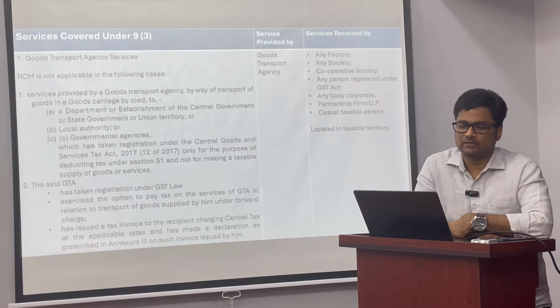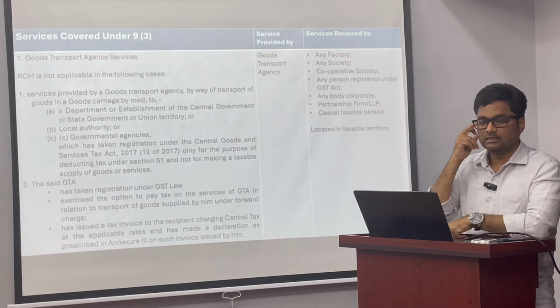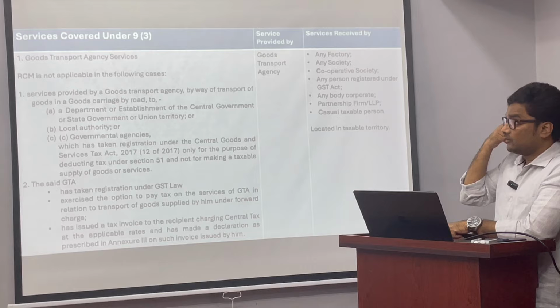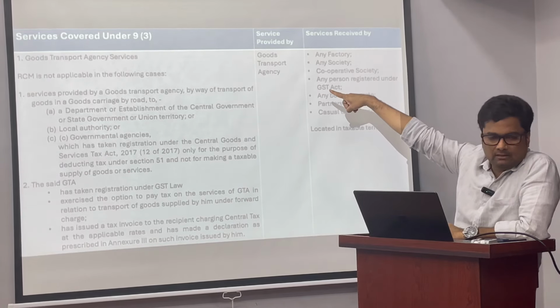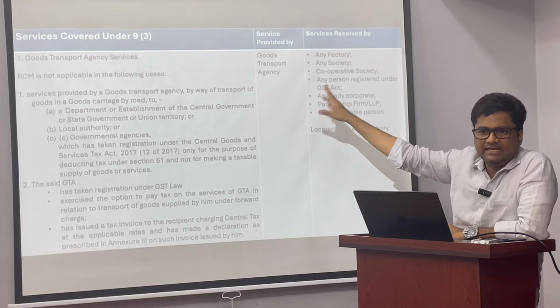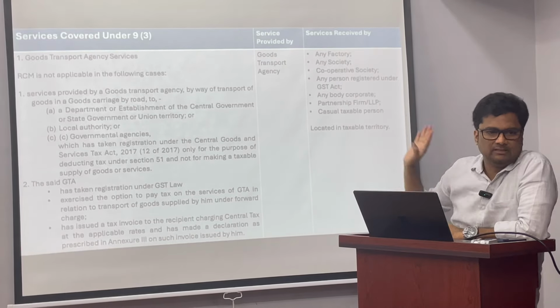So RCM is applicable in the following cases. RCM is not applicable in the following cases. Before that, when it is applicable, it should be provided by only a GTA. There is a definition, we will read that.